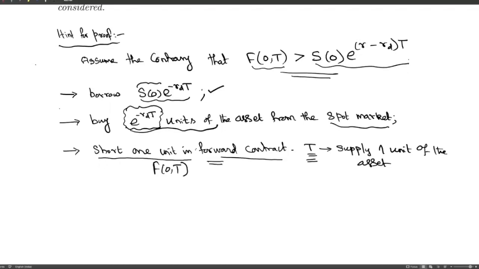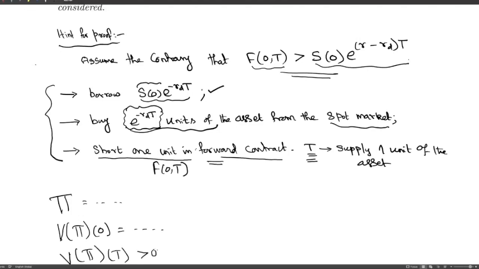I leave it to you to now write the portfolio pi, and then the value of the portfolio at 0, and write clearly how you are going to exit the portfolio, and write the value of the portfolio at the expiry, and show that this is greater than 0. Precisely, you have to show that this is f of 0 comma T minus S of 0 e power (r minus r_d) into capital T, which will be greater than 0.